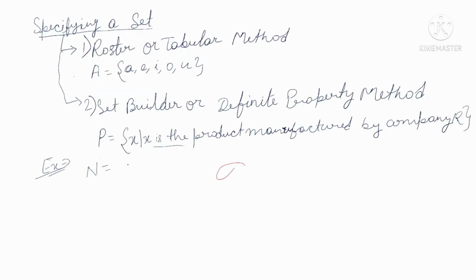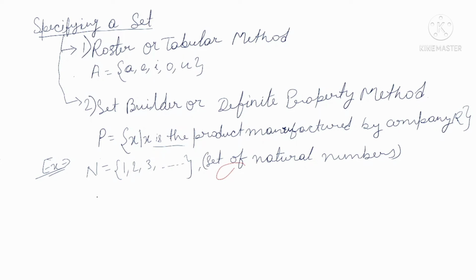For example, N is used for the set of natural numbers. Here we can write 1, 2, 3, and so on. What is this? Set of natural numbers. Okay, this is the set of natural numbers.